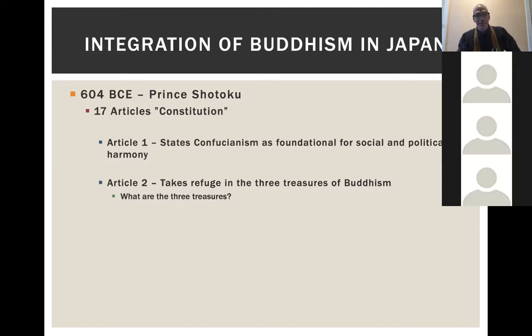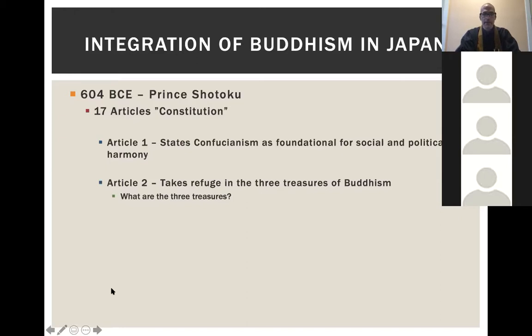Good job, y'all. So in this constitution, the Japanese constitution of 604, this says BCE. Actually, that's wrong. It should be CE, current era. So that's a mistake there. It's talking about taking refuge in the three treasures, in Buddha, Dharma, and Sangha.